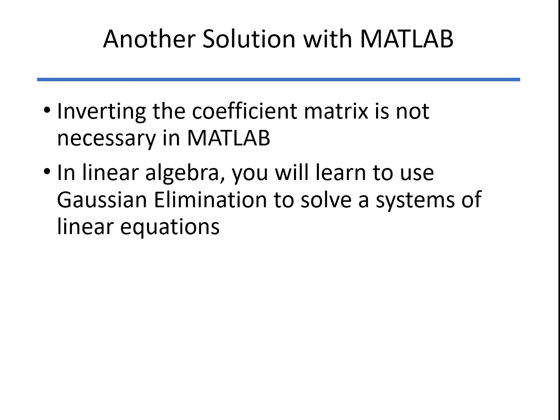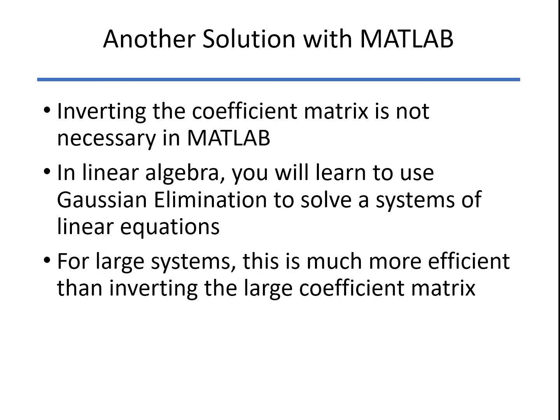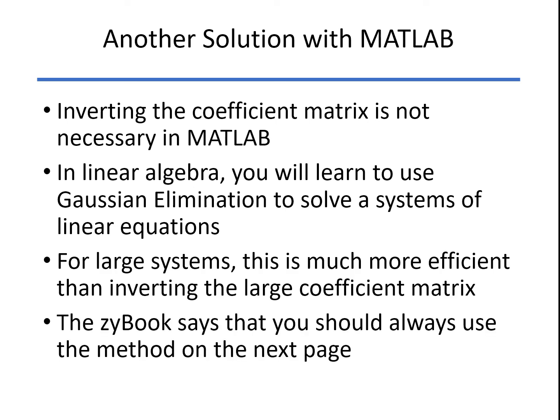In a linear algebra course, you learn to use what's called Gaussian elimination. That's a systematic way of solving a system of linear equations. And that's usually what MATLAB recommends. And in fact, the zyBook says you should always use this method even with a small number of matrices. It really doesn't make any difference, again, if you're looking at a 3 by 3 or a 4 by 4.